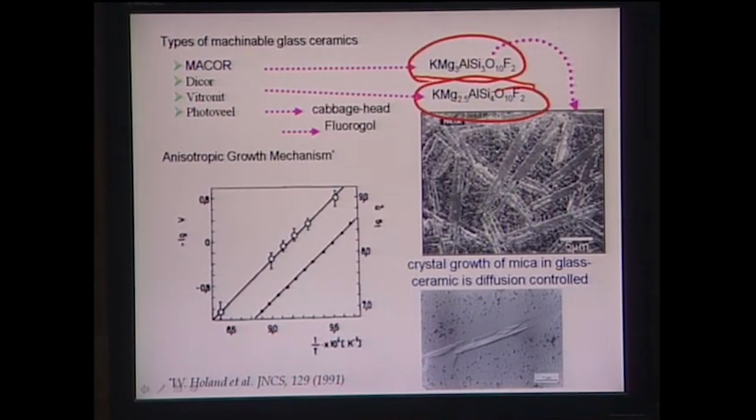Now, Photoveel and Vitronite have a cabbage head or fluorogold type of morphology, and here you can see a very different type of morphology of the crystals. Again, this is an interlocking type of morphology of these mica crystals.